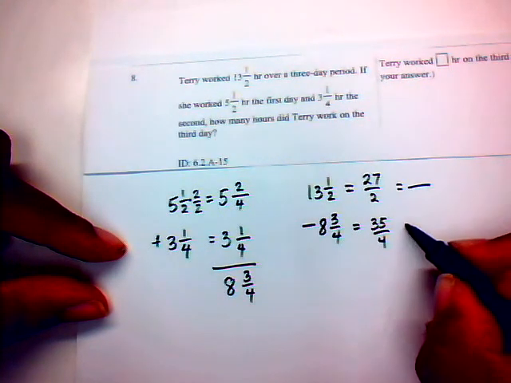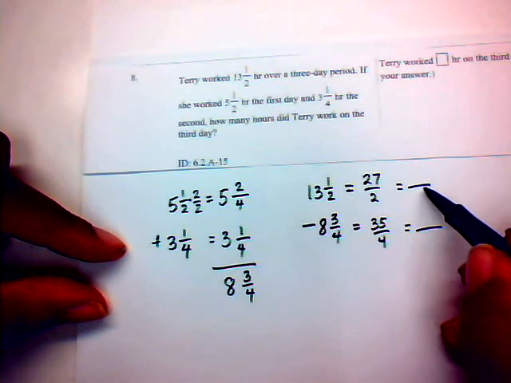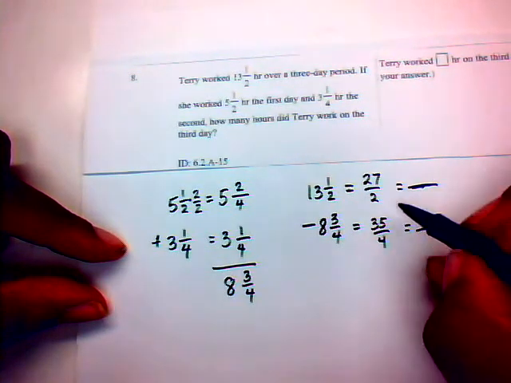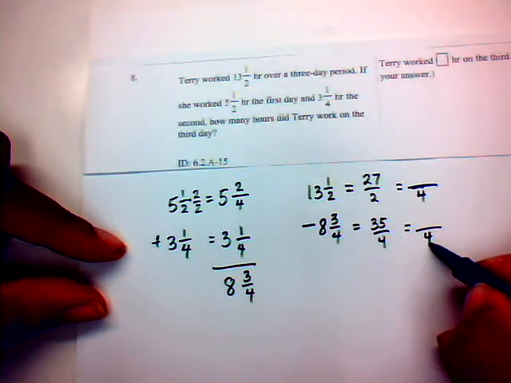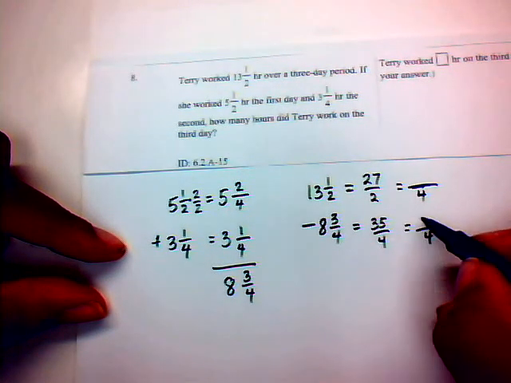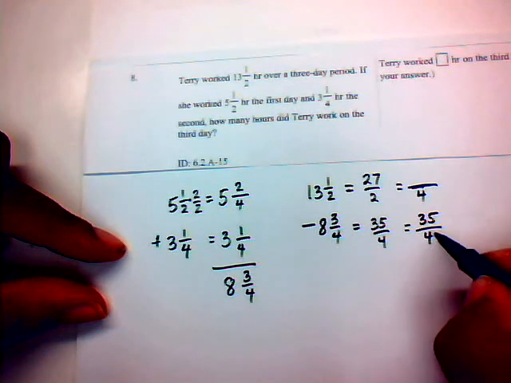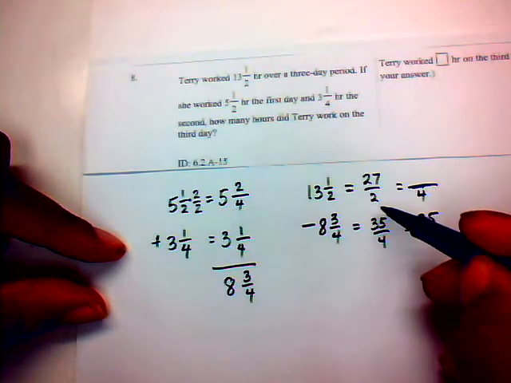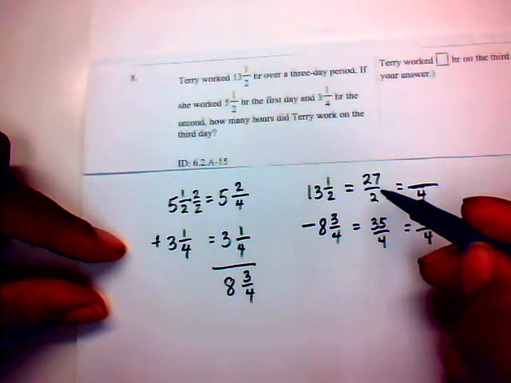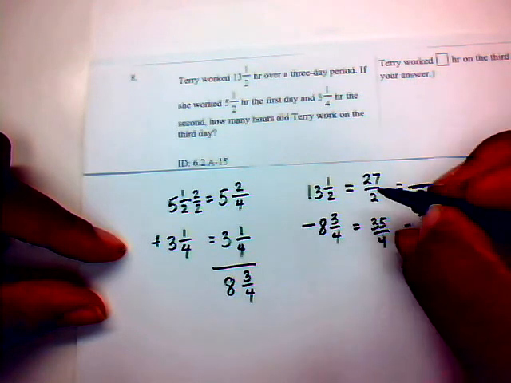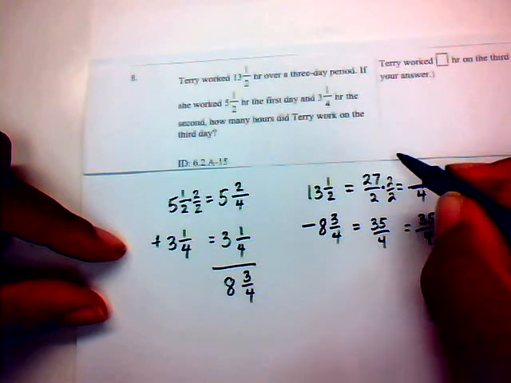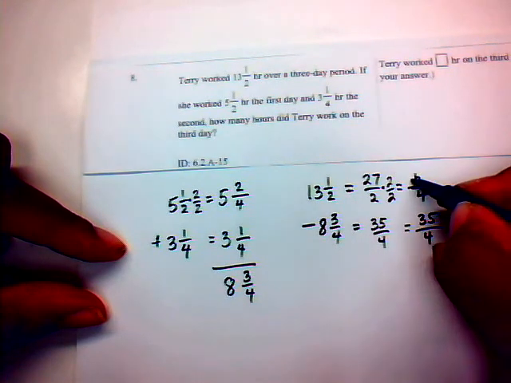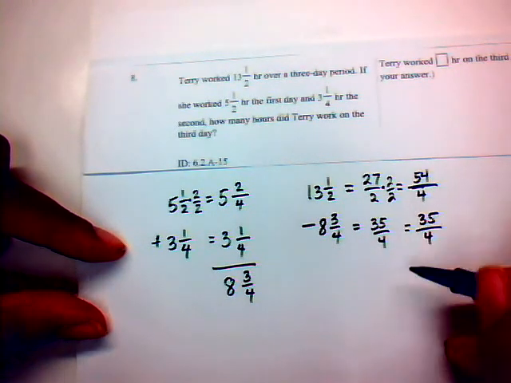In each one of these improper fractions, we're going to find a least common denominator. For 2 and 4, the least common denominator would be 4. Now, the 35/4 with the common denominator of 4 would still be 35 over 4. But for 27 over 2, an equivalent fraction with a common denominator of 4, I need to multiply the numerator and the denominator by 2. So 2 times 27 would be 54 over 4.